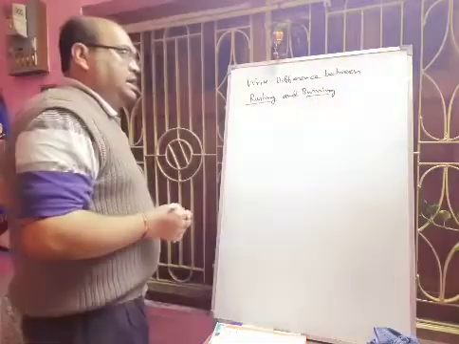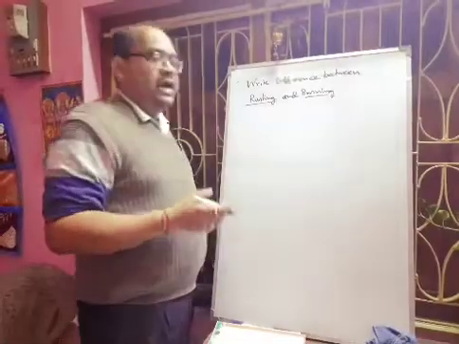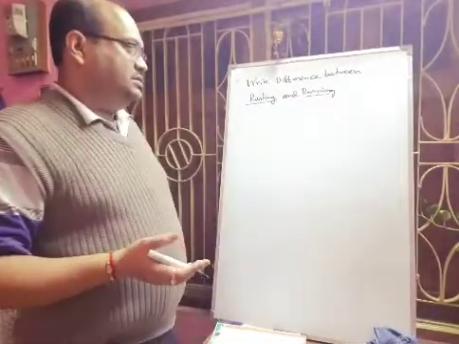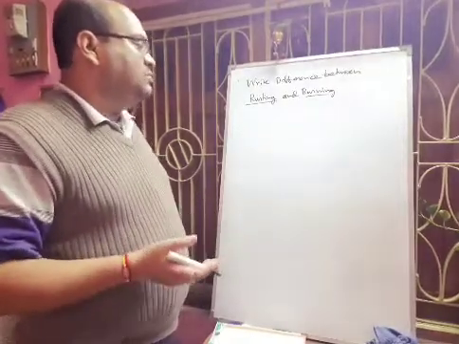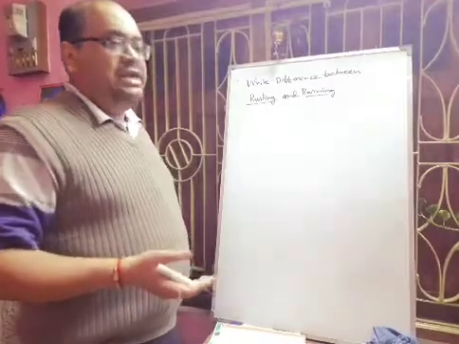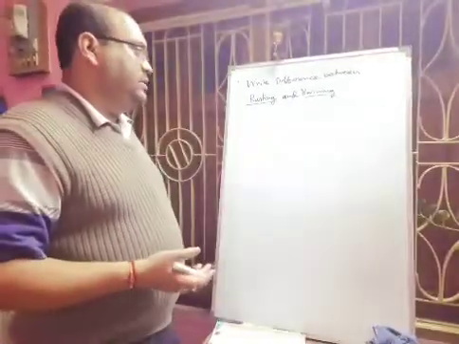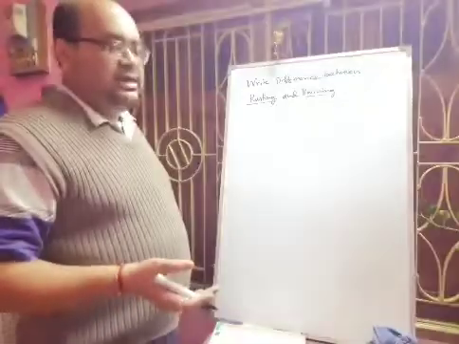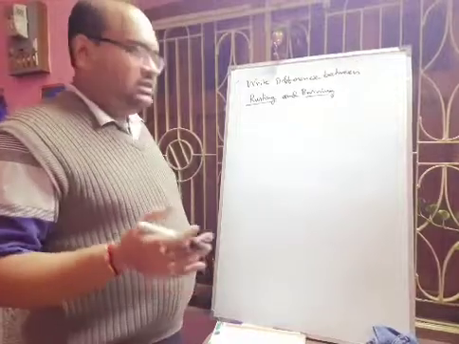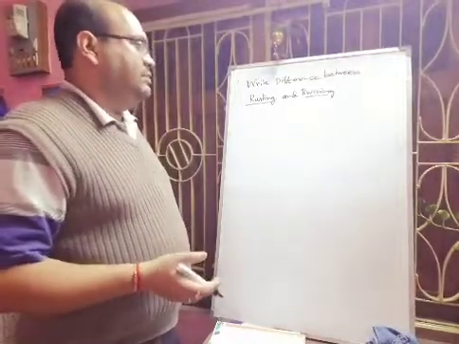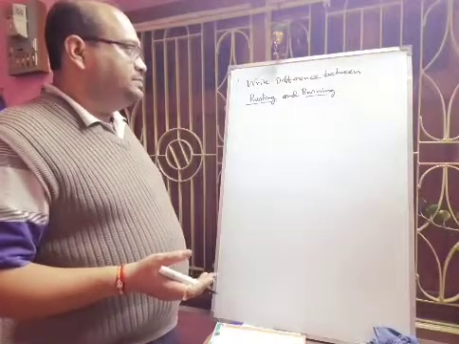Okay, so for rusting you will write this is a slow process, and for burning you will write a fast process. In rusting, the amount of energy released is very low, but in burning the amount of energy released will be very high, and here heat energy as well as light energy will be produced, that you can easily observe. So this type of things you have to write.